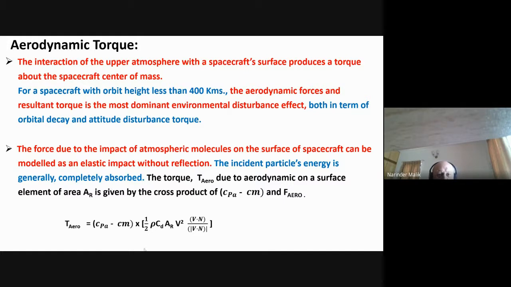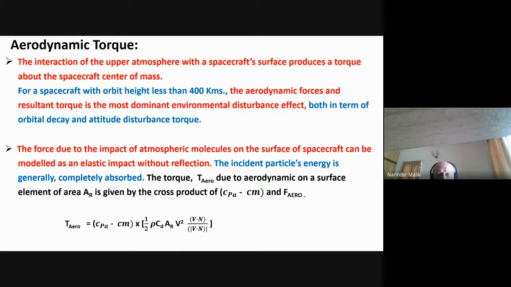And the force is half rho, where rho is the atmospheric density, CD is the coefficient of drag, AR is the projected area in the direction of the velocity, and V squared is the velocity. And this represents V dot N, that is, the vector direction for the disturbance torque.